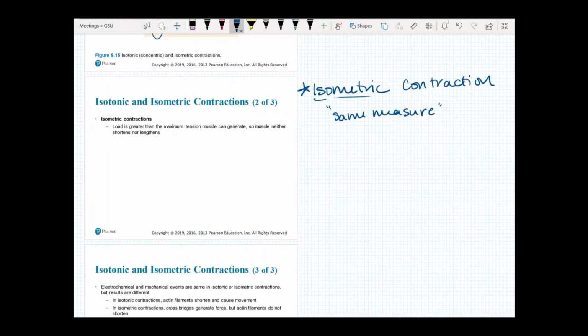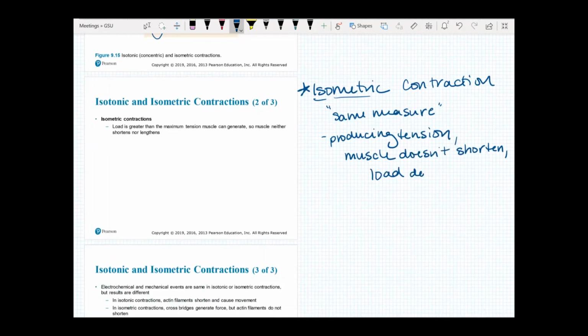So what's happening with this is you are actually producing tension. You are getting the stimulus. You are producing tension in your muscle, but the muscle does not shorten. So if the muscle does not shorten, the load doesn't move.